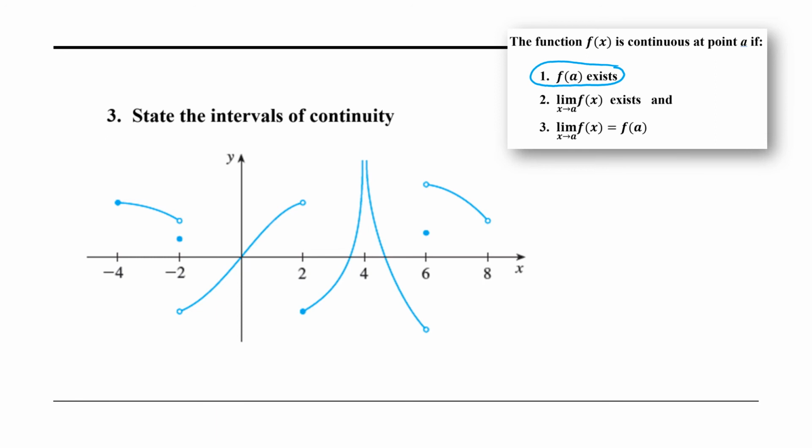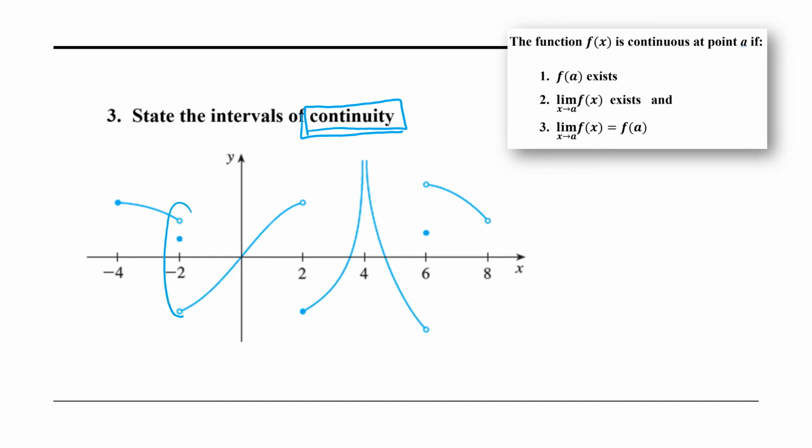But if we're looking for continuity, we also are looking for points that fulfill these other 2 criteria as well. So it's not enough just to say that f of x exists to have continuity. We also need to show that the limit exists and that the limit and f of a are equal to each other. So what I like to do is look at my graph and just identify any discontinuities.